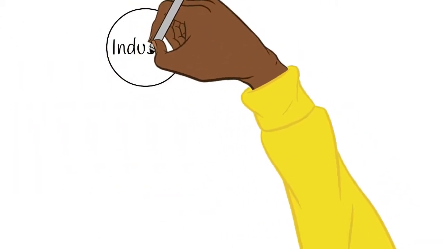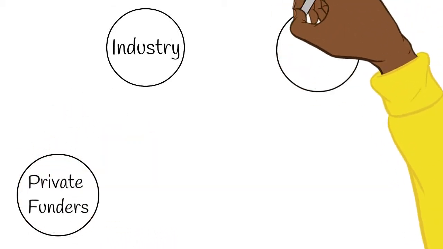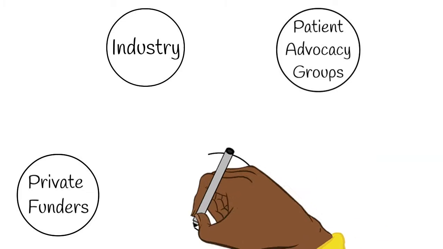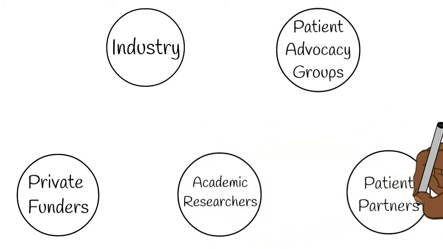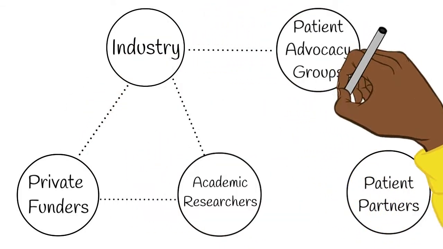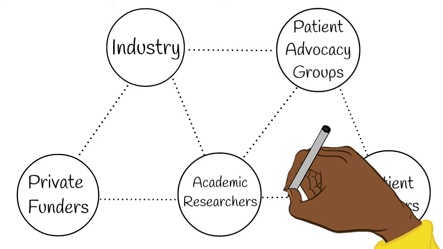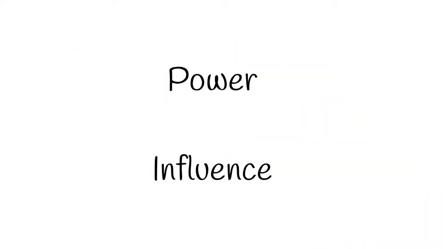When there are many stakeholders involved in research, like industry and private funders, patient advocacy organizations, academic researchers, and patient partners who are members of a research team, you can have different types of relationships that could create real or perceived conflicts of interests, especially ones where there is a difference in power or influence.